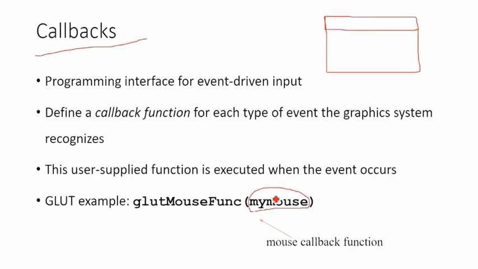However, this function, glutMouseFunc, is called a callback function. This callback function will be executed whenever a mouse click event occurs. When a mouse click occurs, the mouse function will execute this user-defined logic of how to handle that data.